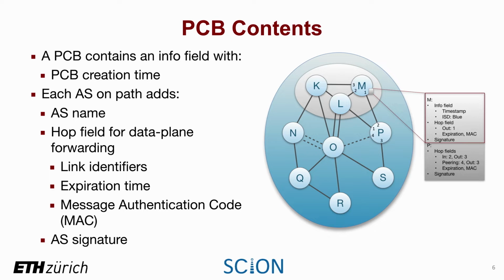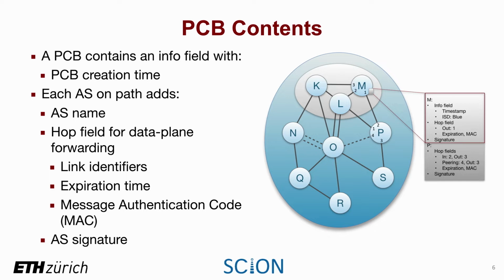So on the slide now you see ASs M and P with small numbers which are link identifiers. So each link that connects two ASs has a unique identifier within each AS. And so you can simply see M enumerates the 3 links it has with 1, 2, and 3 as link identifiers, or we also call them interface identifiers.